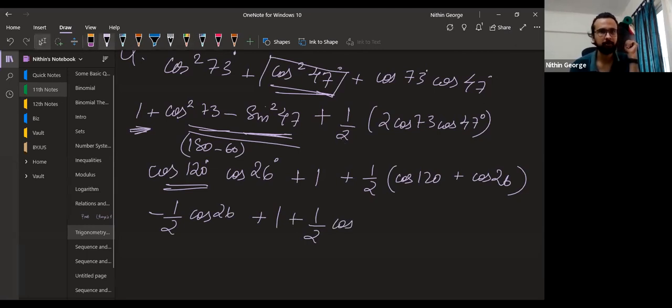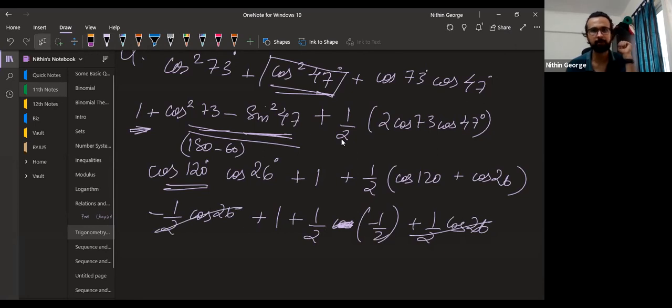Again, cos 120 is minus 1 by 2, then plus half into cos 26. It doesn't matter what cos 26 is, because there's a minus half cos 26 here. Next, what is happening? These two are multiplied. So 1 minus 1 by 4 becomes 3 by 4.